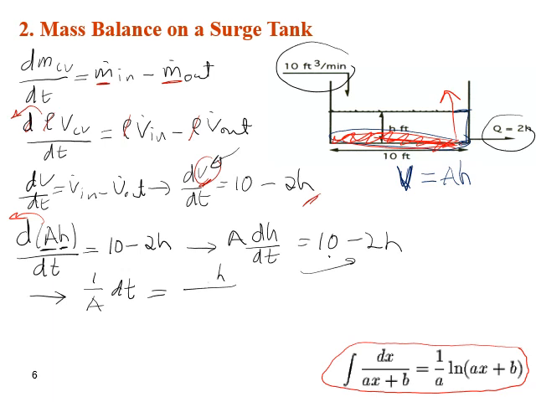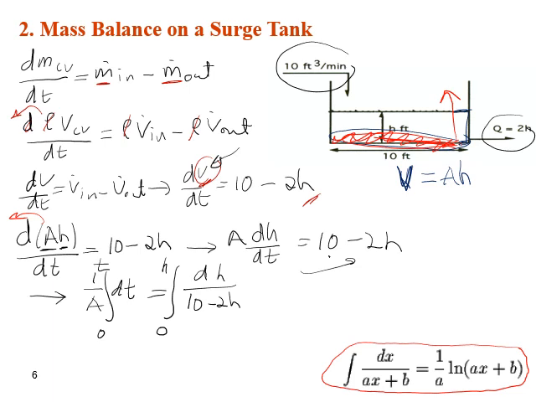So it is equal to dh divided by 10 minus 2h. And the next step is, as usual, to integrate from 0 to t. The tank was empty, so I will start from 0, and since I need a relation with h, from 0 to h.